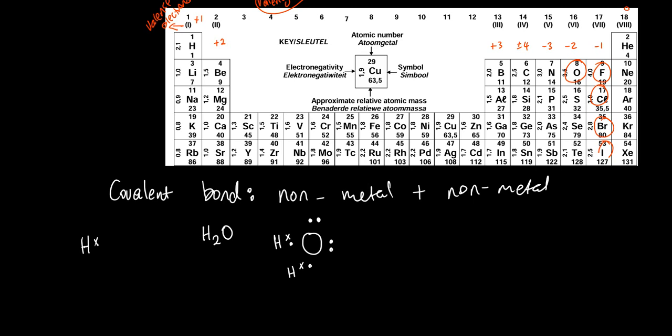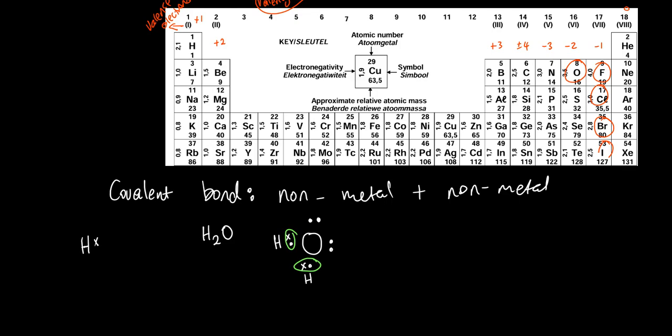Actually, let me write it like this, and then write hydrogen here. So guys, what they just did here is form a bond. This is a bond, this is a bond. Those are bonds, that green part.